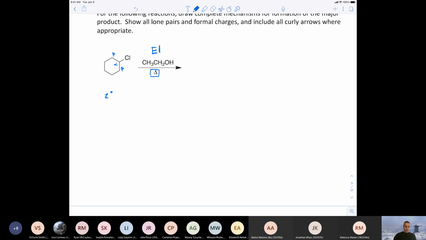Okay. So E1, you can redraw it down here if we want, and I do want. There's a Cl there. There's also a hydrogen there as well. I didn't use dashed and wedged bonds here. You know why?